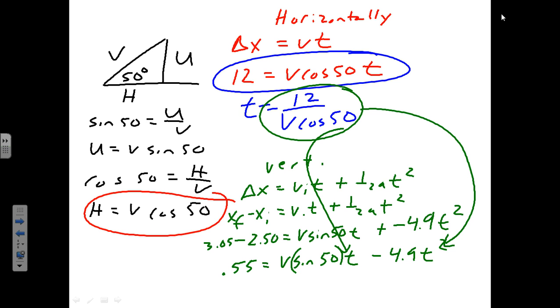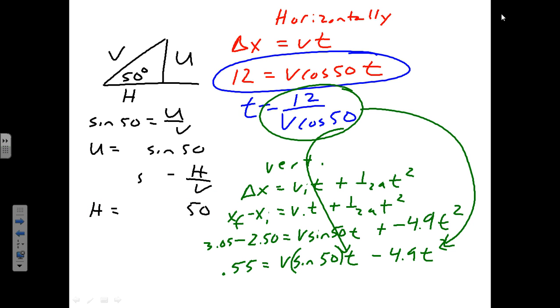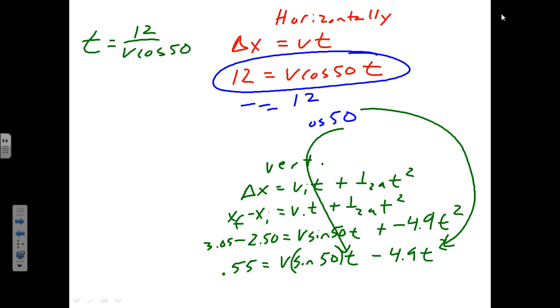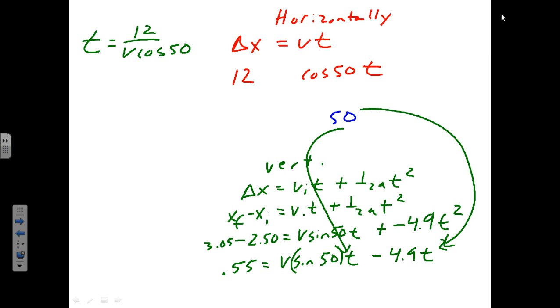We're going to need to make some space. We'll do a little erasing. I'm going to go ahead and write down what t is equal to in terms of that horizontal equation, because I'm going to erase this stuff up top and do my substituting up there.